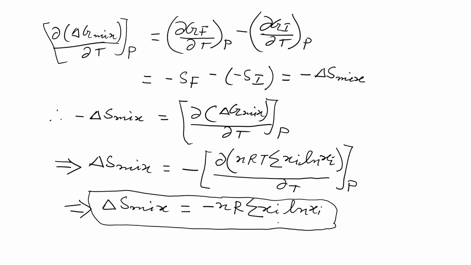Now look here. Xi is less than 1 because the total mole fraction is 1, so the mole fraction of any component is less than 1.